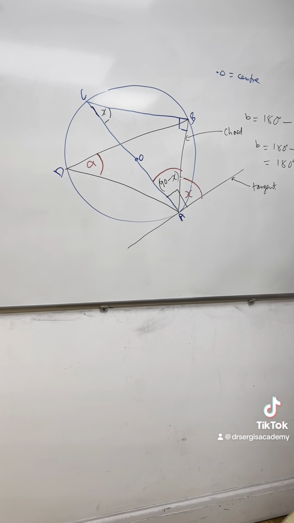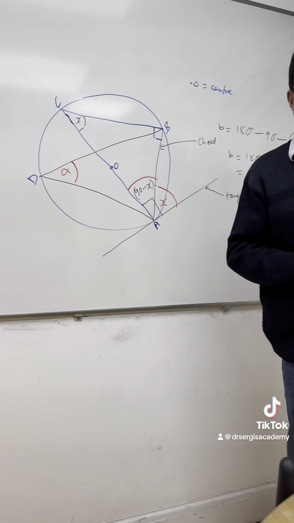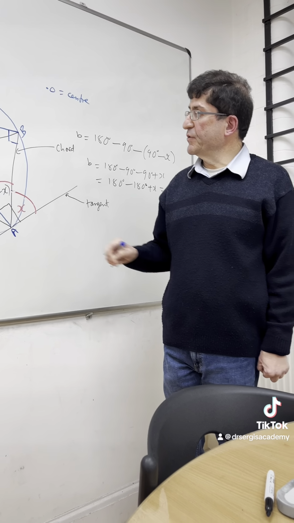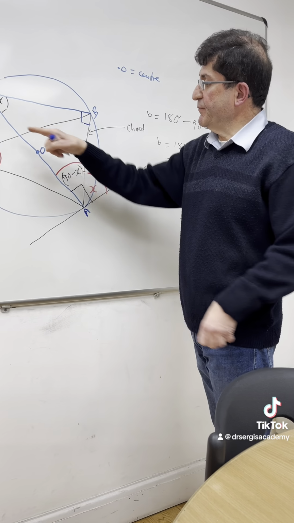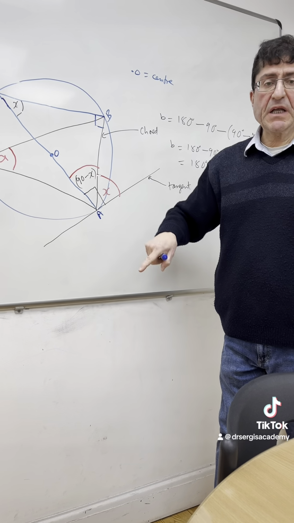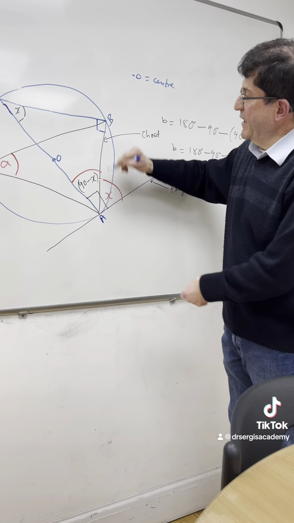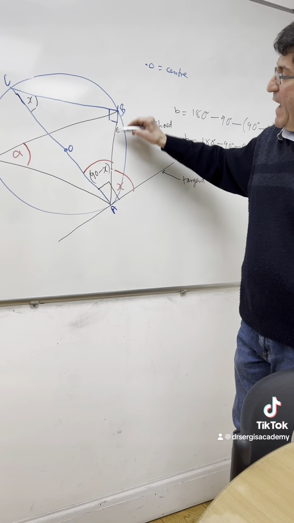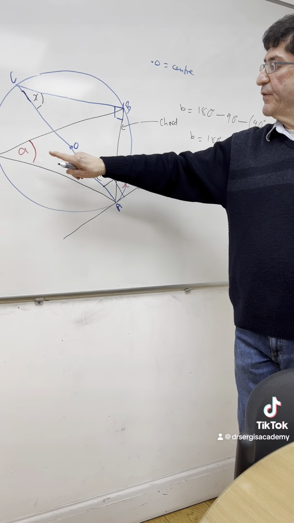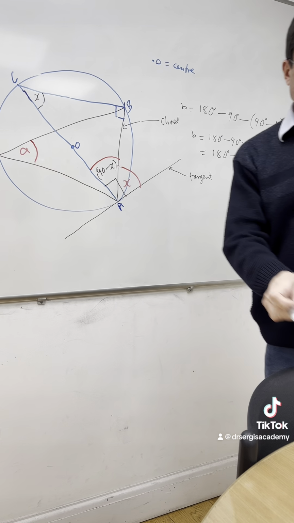But from one of my earlier theorems, we know that the angles of points from the same segment, so the angles in the same segment are equal. So this is the segment here. So angles in the same segment are equal. So therefore, A must also be x.